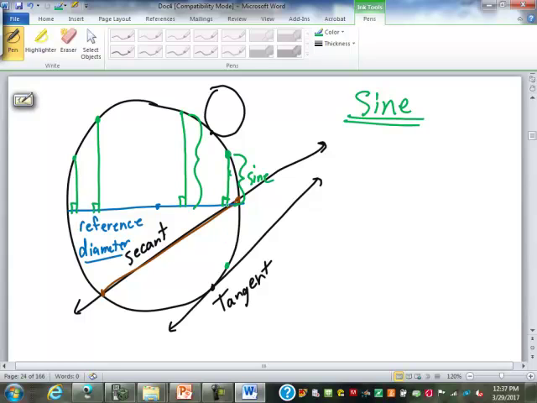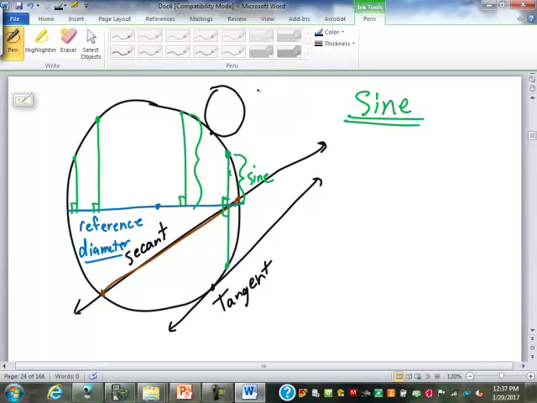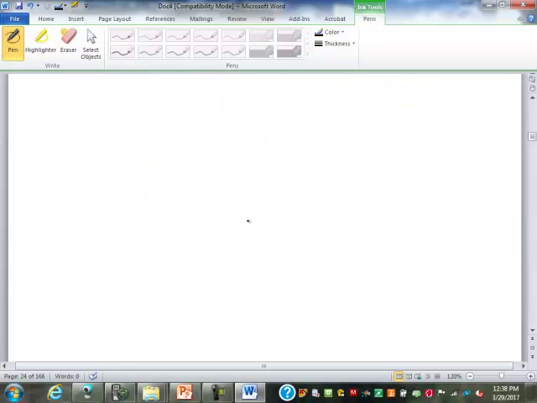These points down here are said to have a negative sine because they're below the line, below that reference diameter. As we start to look at our trig functions, we need to look at something called a unit circle.